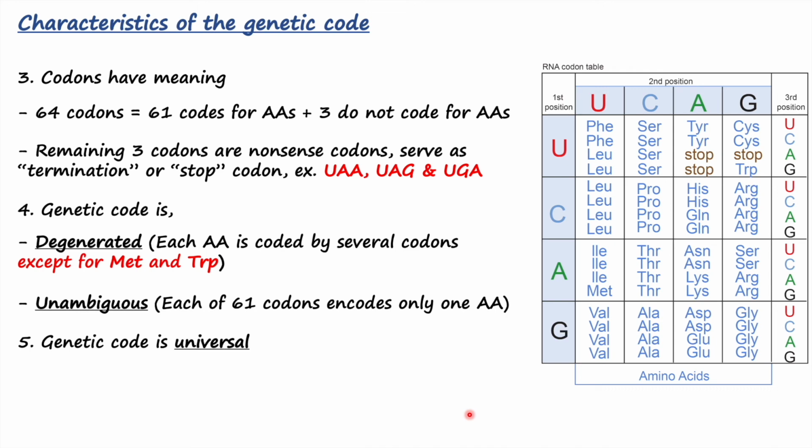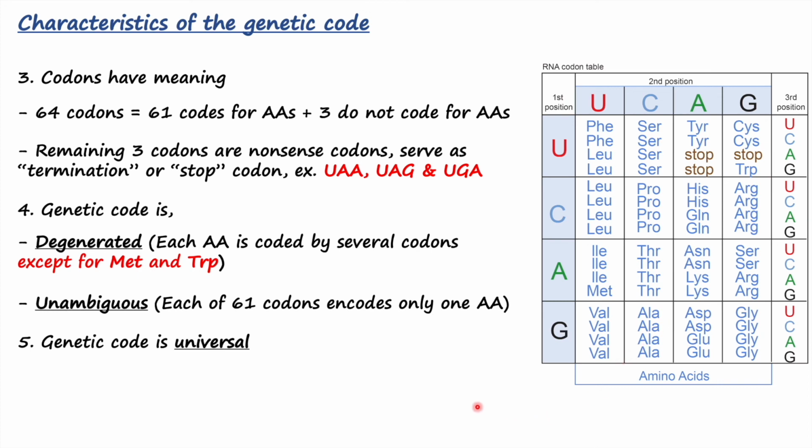However, there is one exception, in mitochondria, in which a few codons have meanings different from what is shown here in this codon table. So that is the only exception we have: in mitochondria some of the meanings of the codons are different from those specified in this codon table.